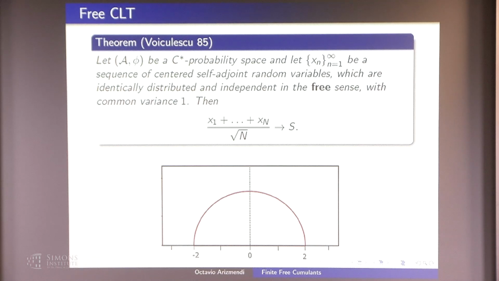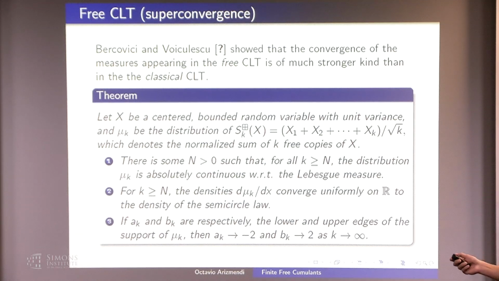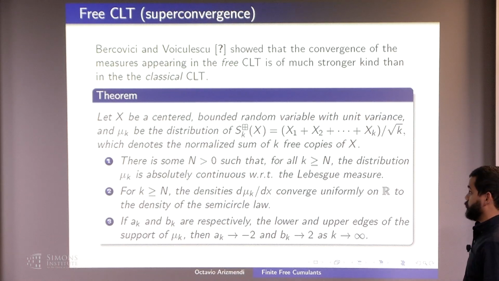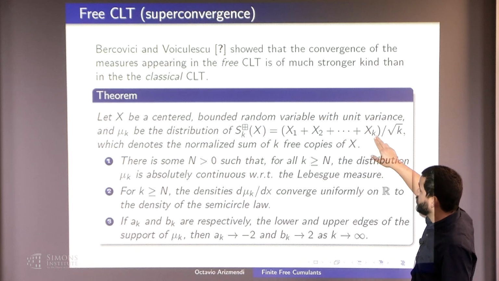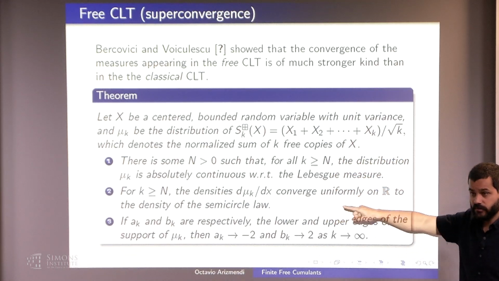Okay. And in fact, there are improvements of this theorem. One of them is a result by Bercovici and Voiculescu, where they actually show that for large n, this sum is absolutely continuous.